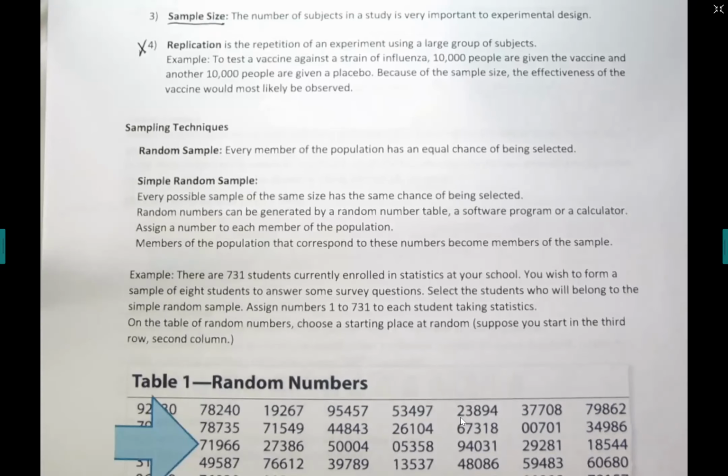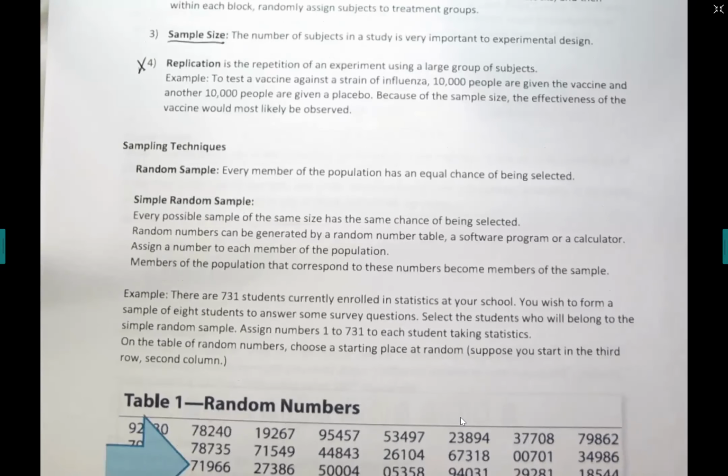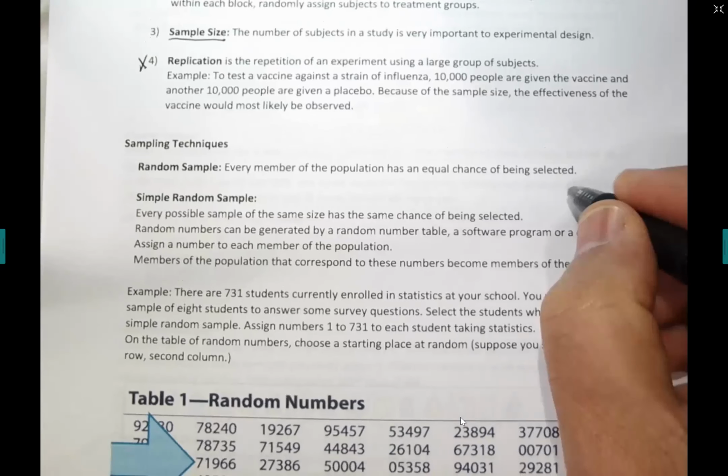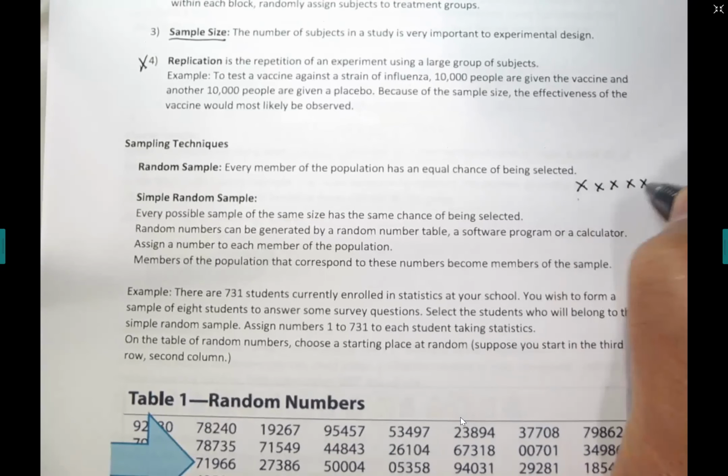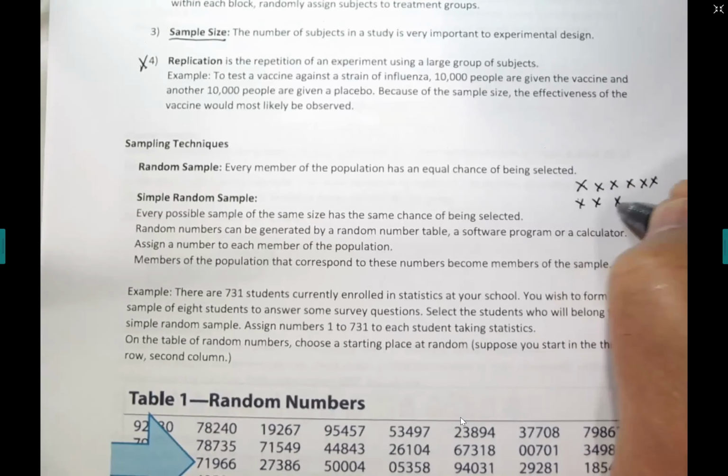I'm gonna tell you what's not a simple random sample so you can understand what a simple random sample is. Let's say I have you guys seated this way, 4 rows, 6 students each. Watch this.